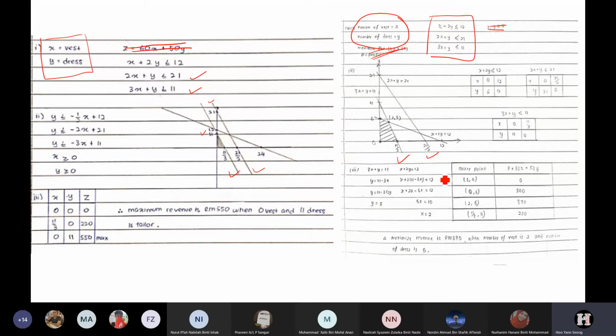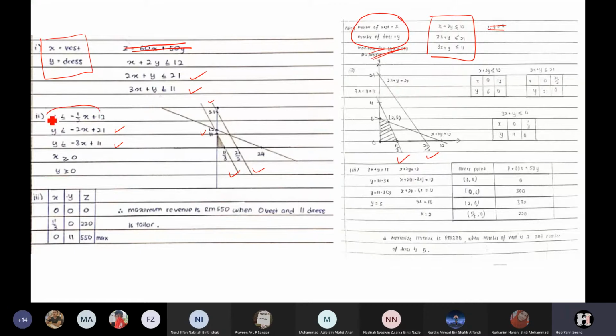So this person is putting x plus 2y equals 12. So x plus 2y less than 12. Now this one is correct, this one is correct. Because this person, person A, shifted y to this side and left y at the left-hand side.